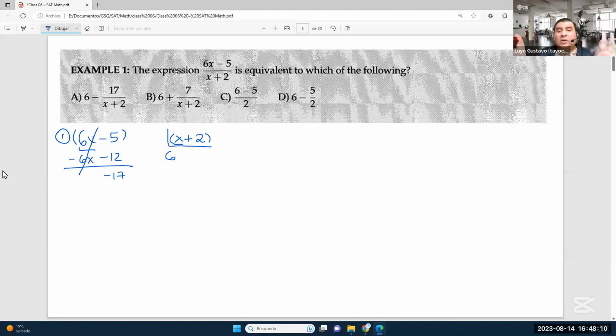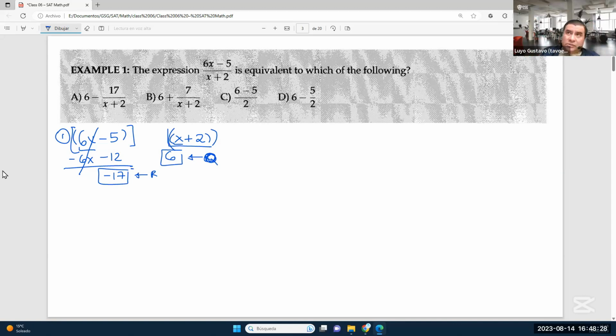So here it is, all the information I need. This was the dividend. This is the divisor. This is the remainder. And what is this? Sorry, this is the quotient. And this is the remainder of the division.